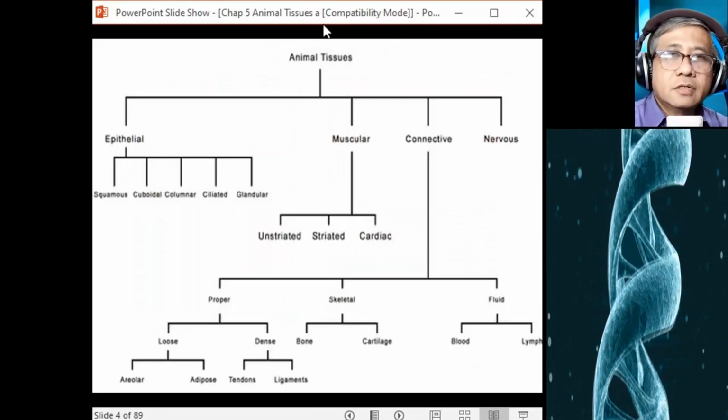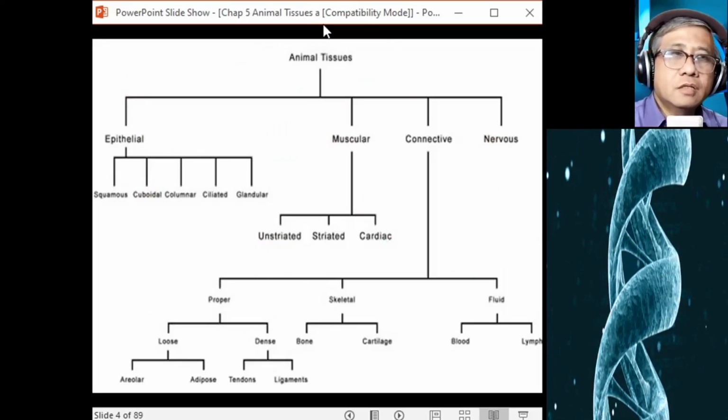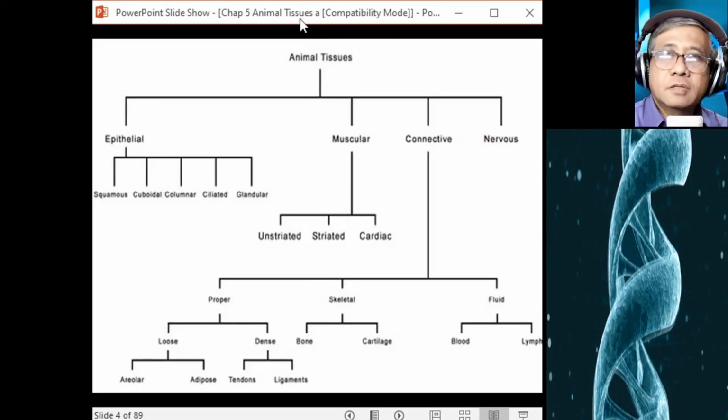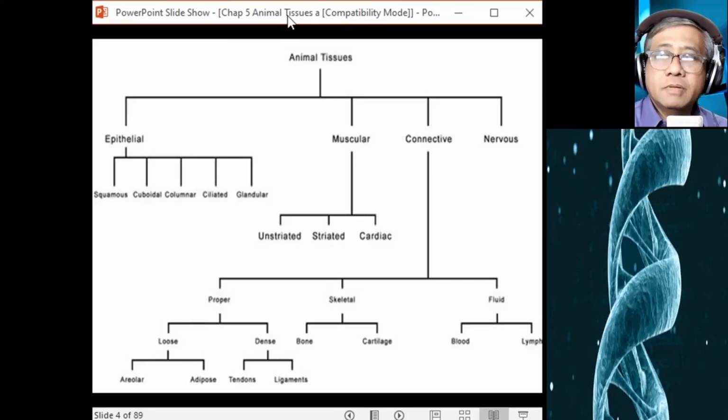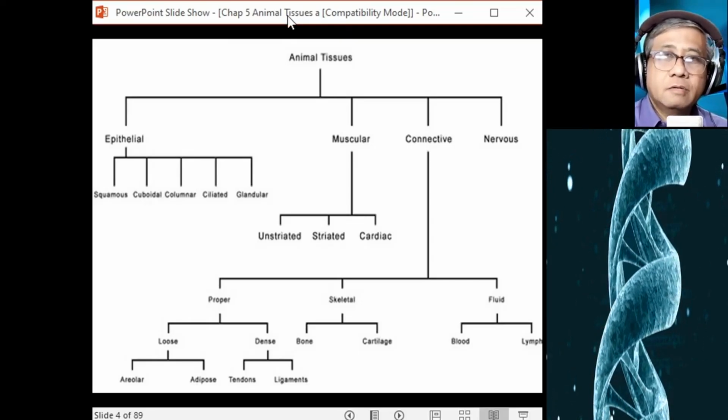Alright, starting with epithelial. But before that, everybody kindly take a look at this concept map of the classification of the different animal tissues. So again, we have epithelial, muscular, connective, and nervous.